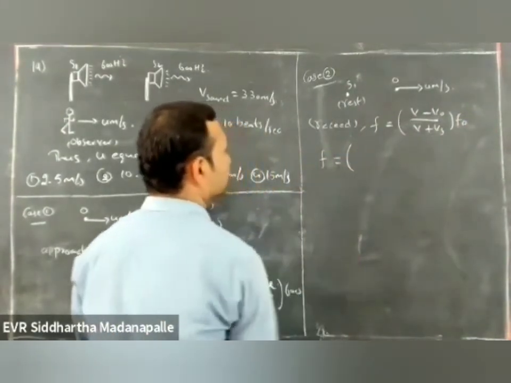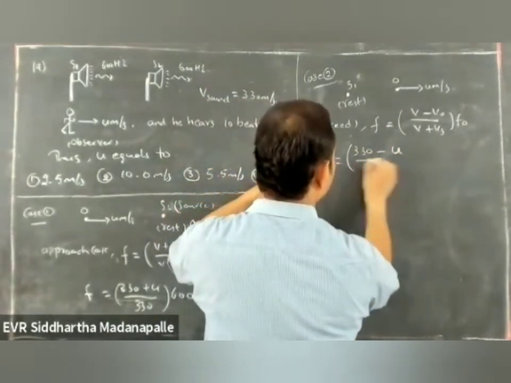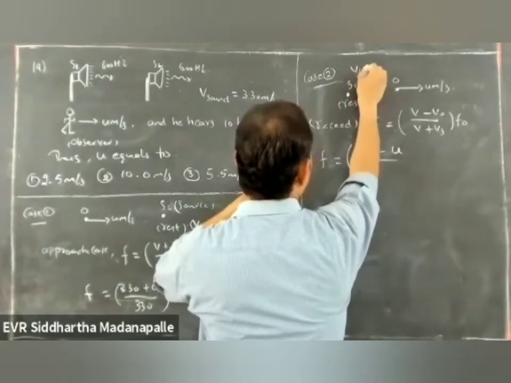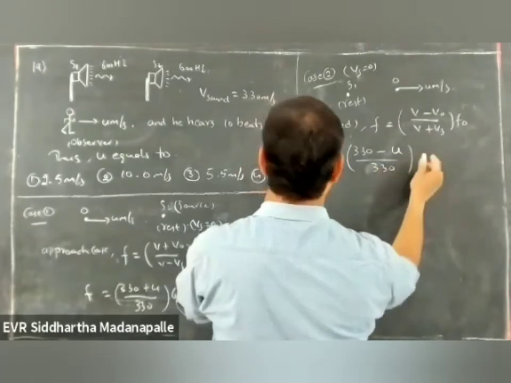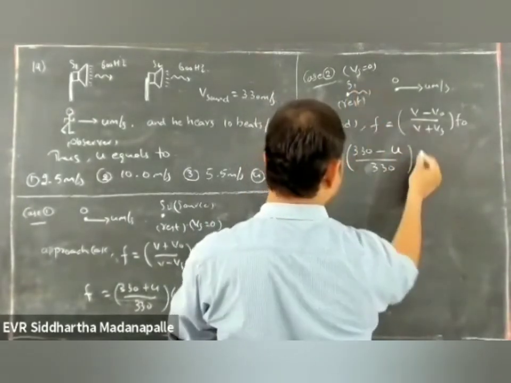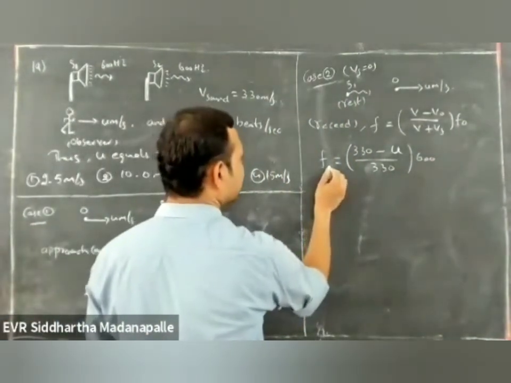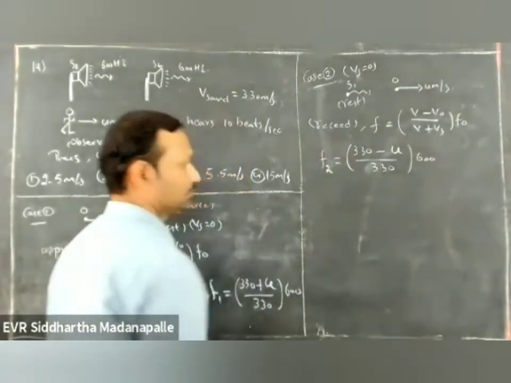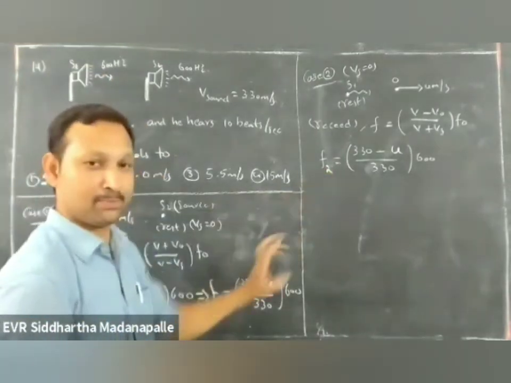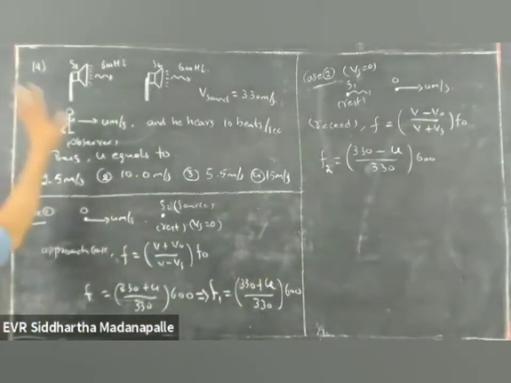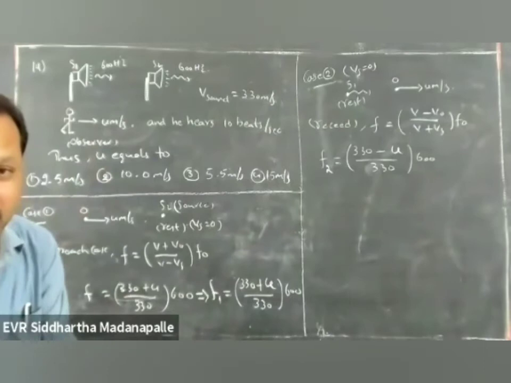So it is equal to (330 minus u) by 330, with Vs equal to 0, into F naught, which is 600. Let us consider this as F2. These are the frequencies received by the observer when he is moving from S1 to S2. The difference between these two frequencies is known as the beats.